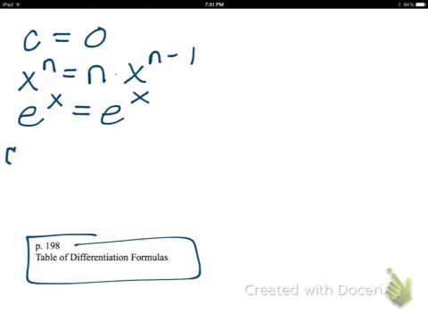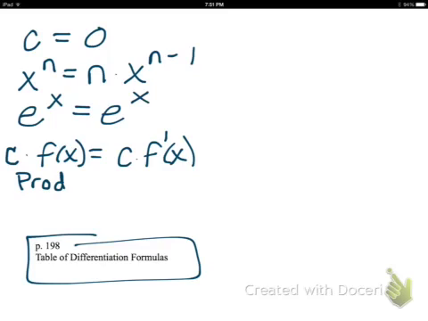The derivative of c times f of x is c times the derivative. That's just your constant rule. And then we have addition, subtraction, and then now we have the product rule and the quotient rule. You can look in your book for the quotient rule. But those are really the derivative rules we have so far. And they're in the front of the room. They will be on a poster board, so you'll always see them.